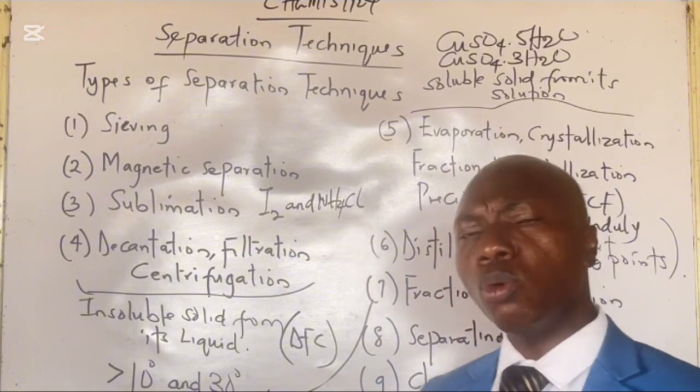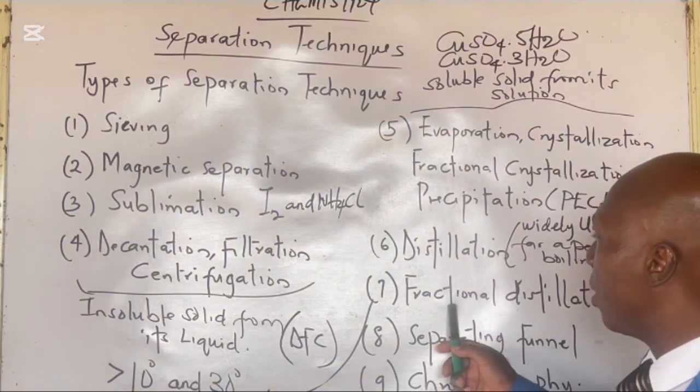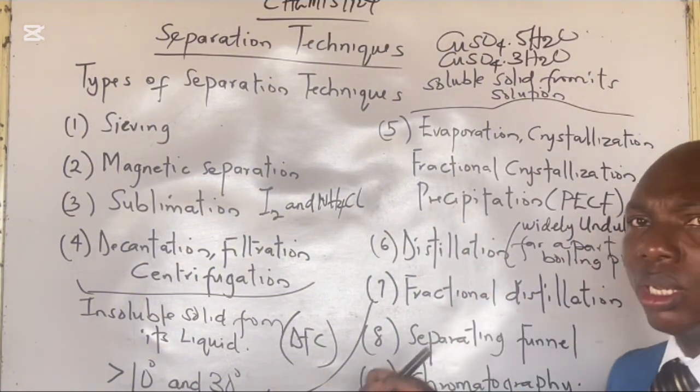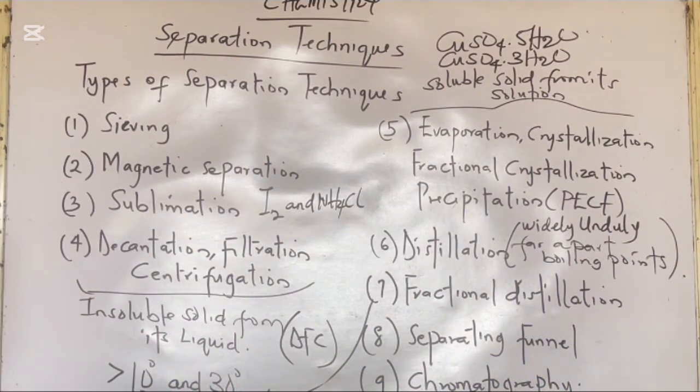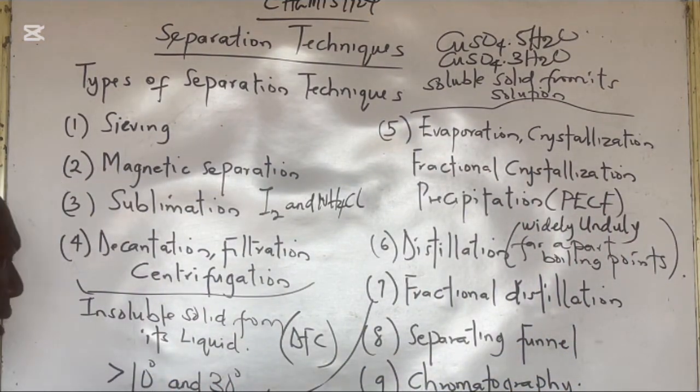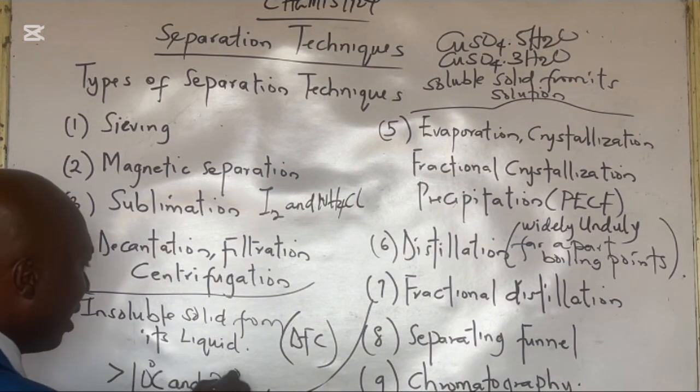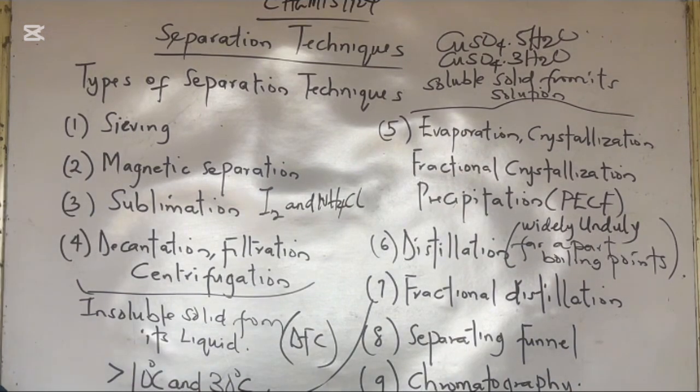So you may ask me, what is the difference between fractional distillation and distillation? The major difference between them is, number one, their temperature: 10 degrees Celsius and 30 degrees Celsius. Their boiling points are close, greater than 10 but less than 30 degrees Celsius.